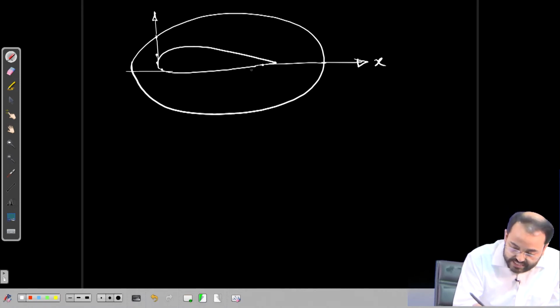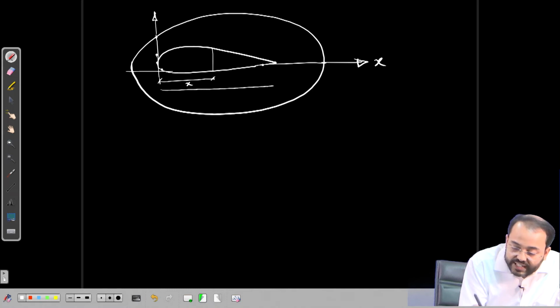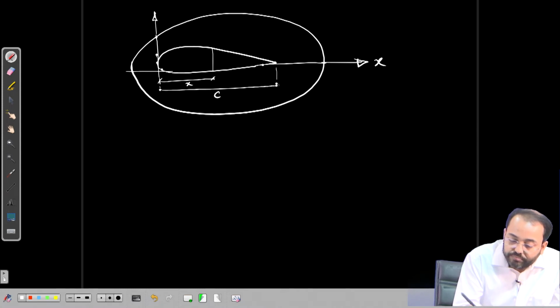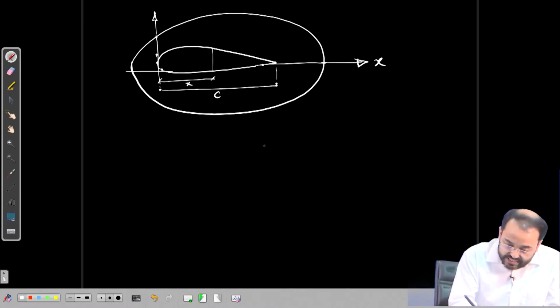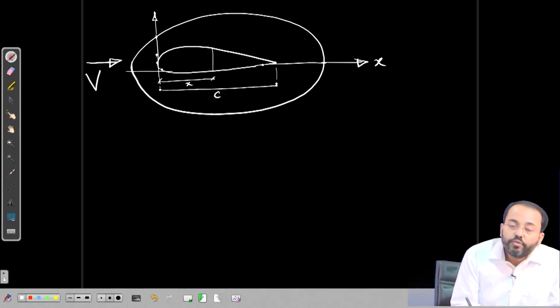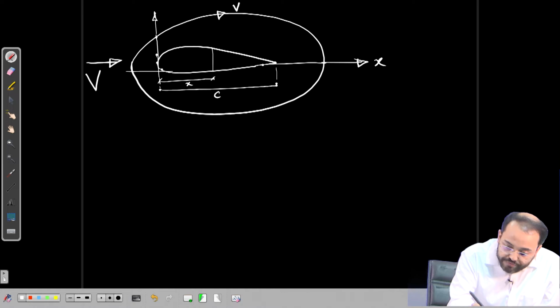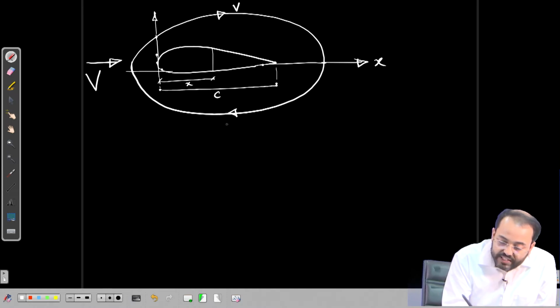Let me take a small location at a distance x, and let the chord length be c, and we have an inflow velocity V and the induced tangential velocities are small v on the top and bottom.